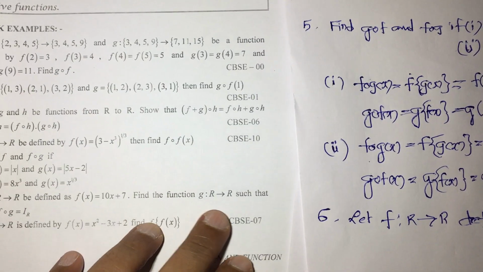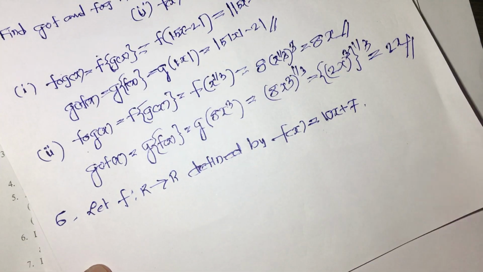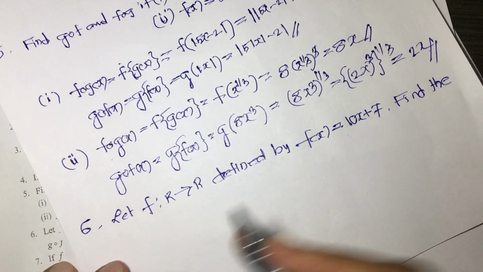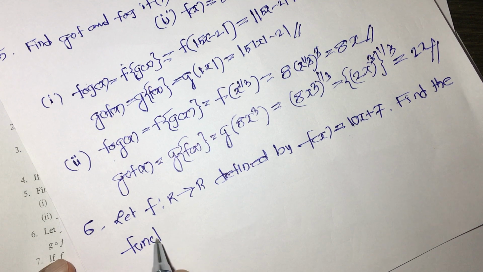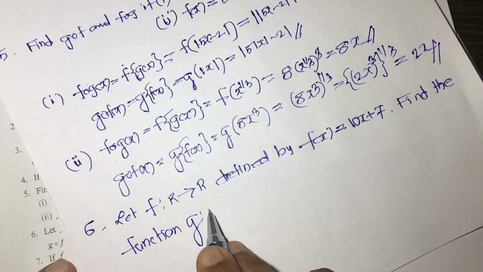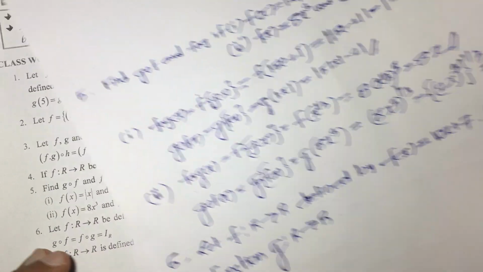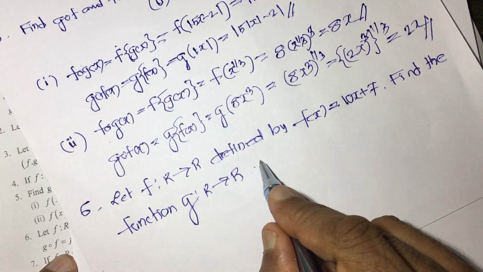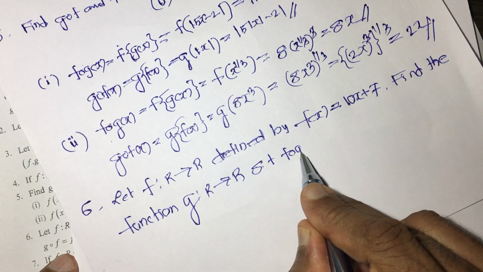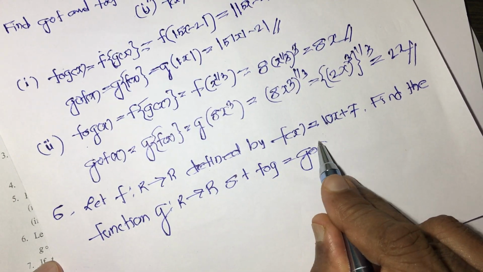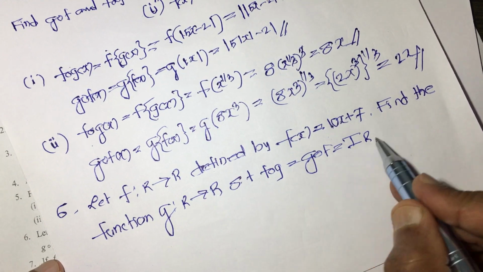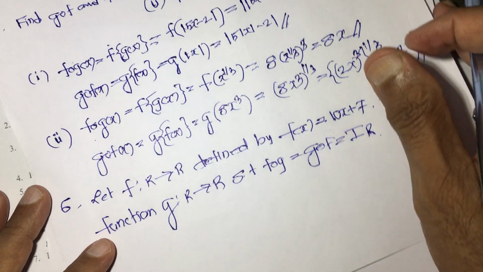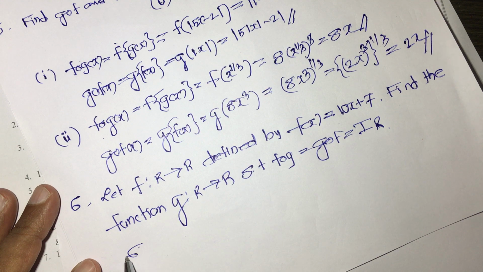Find the function g from R to R such that g composite f is equal to f composite g, equal to the identity function I_R. I_R means it is an identity function in the set of real numbers, meaning I of x is x, where x belongs to R. So, first let us write here the solution of this example.